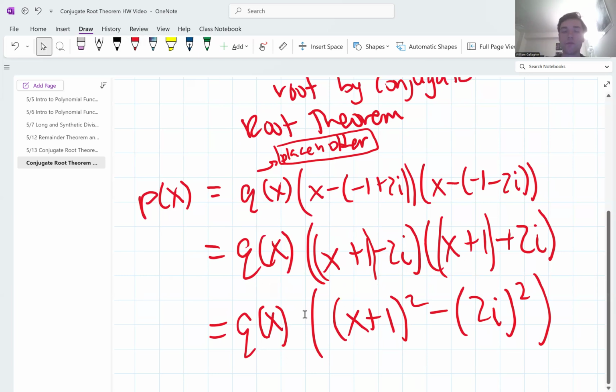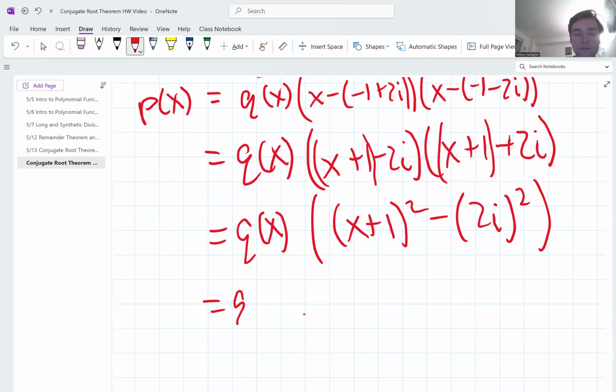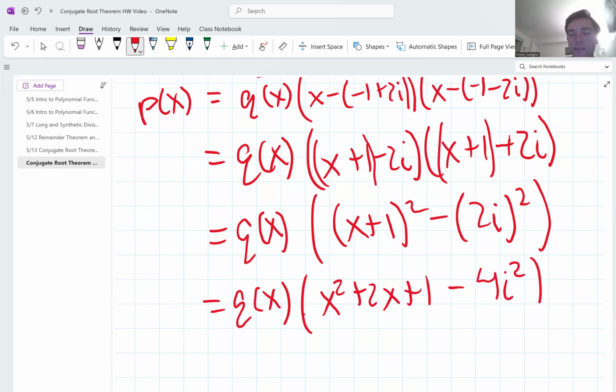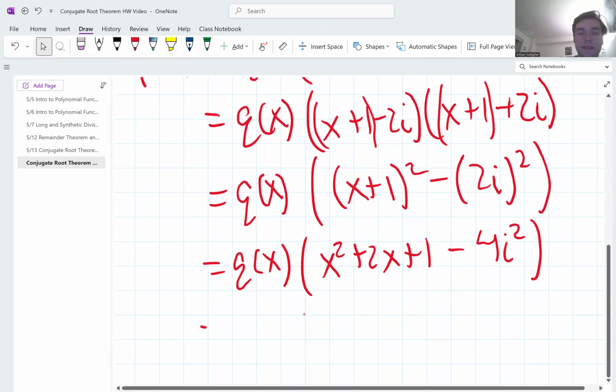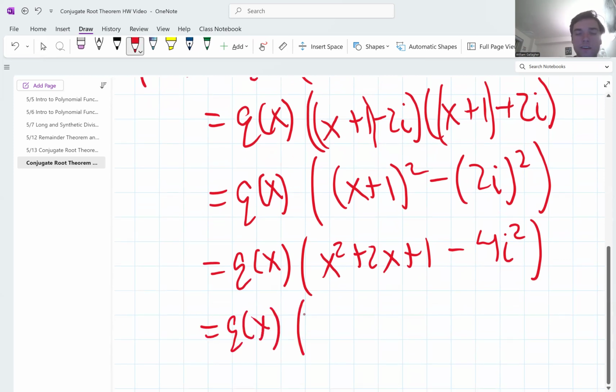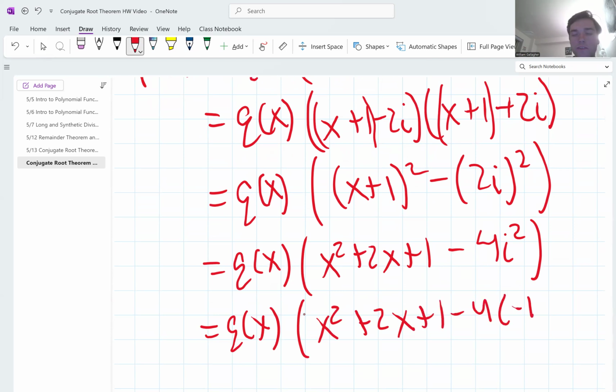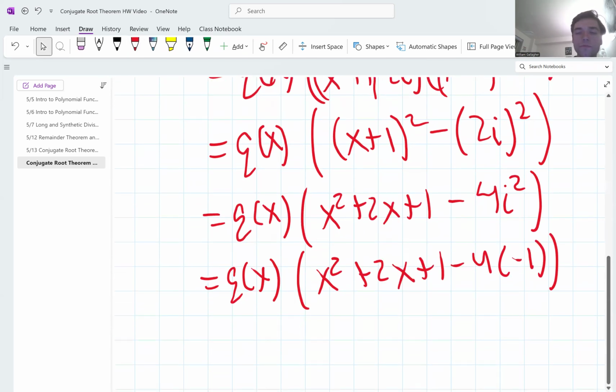And so when we go through, we get x squared plus 2x plus 1 minus 4i squared. All right. So we get q of x times x squared plus 2x plus 1 minus 4 times -1.